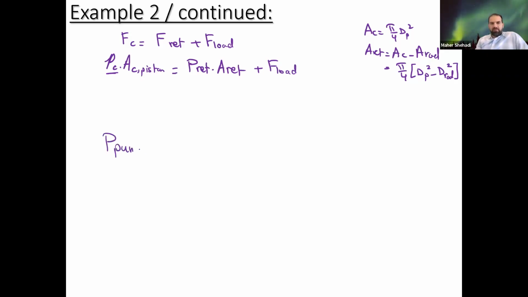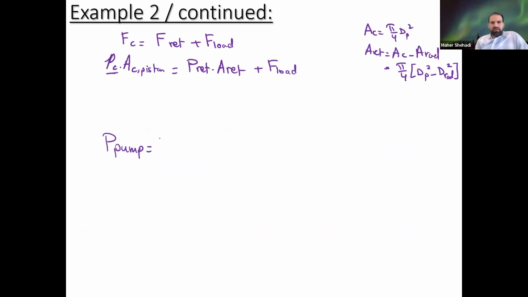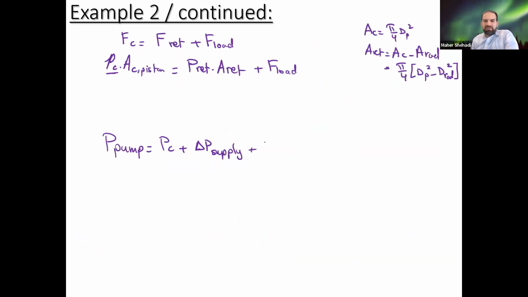P for the pump has to overcome, first it's P here, PC, P on the cap, plus delta P for the supply line, which is given, what is it, 75 or 70? 75, plus delta P for the return. Plus, we have also pressure drop in the suction line.